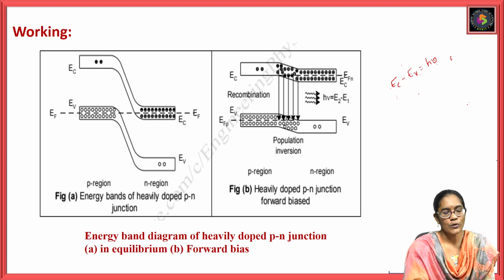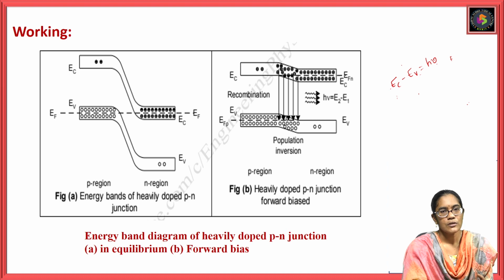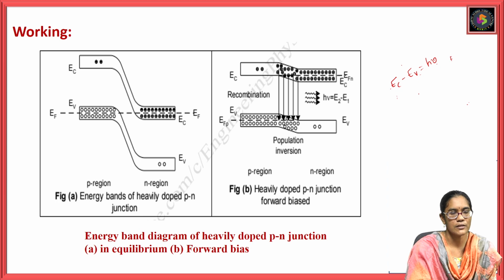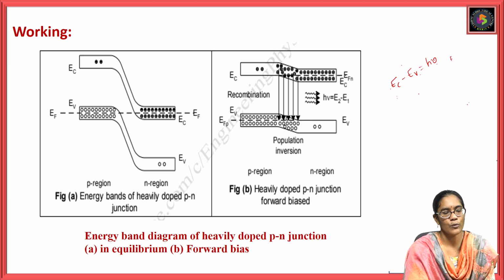The emitted photons will have the same frequency and the same energy, which means the same wavelength. So all the photons emitted from this transition have the same frequency, same wavelength, and same energy. In that way, the monochromaticity condition is also achieved.